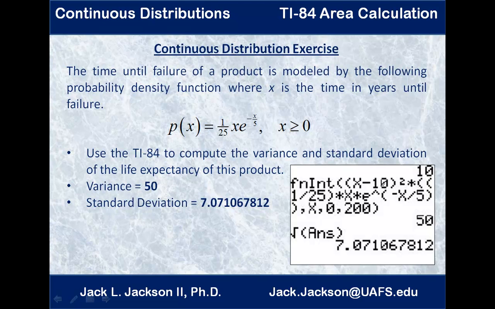So it's x minus the mean, in parentheses, squared, times, then put in parentheses the PDF formula, close parentheses, comma x, comma, 0 to 200 in this case, because 200 is our infinity here. And so that turns out to be 50. So the variance is 50. The standard deviation is the square root of 50, or approximately 7.07.